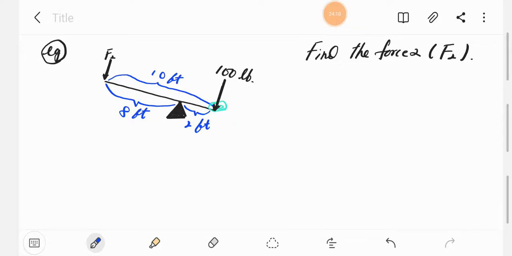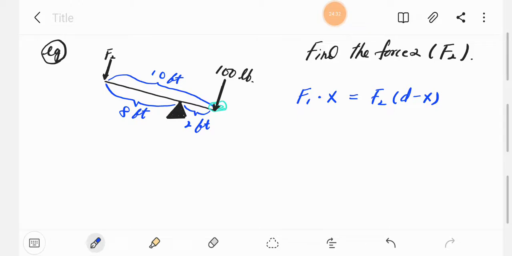So we have to use the formula. What is the formula? F1 times x is equal to F2 times d minus x, in this case.